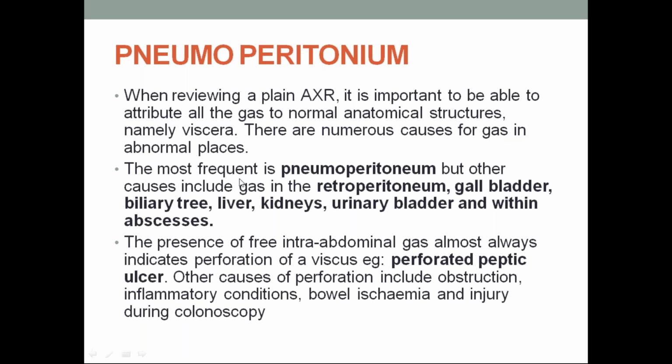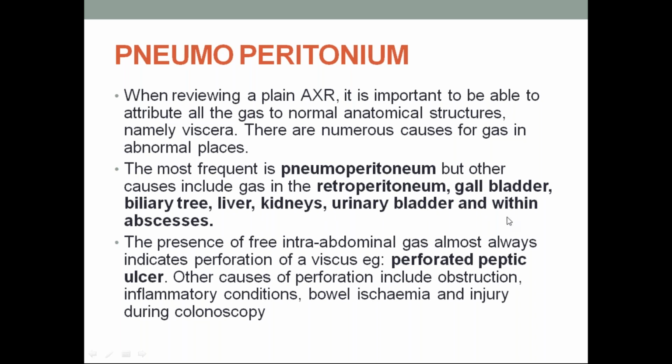The most frequent is pneumoperitoneum, but other causes include gas in the retroperitoneum, gas in the gallbladder, and gas in the biliary tree, meaning in the CBD, and sometimes in the liver, kidney, and urinary bladder.